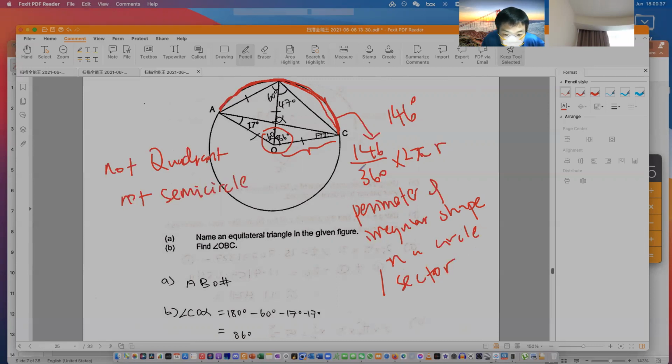So this is the formula to find the perimeter of an irregular shape. You make use of the angle here. Of course, if you're asked to find the perimeter of the blue one instead, you make use of this angle.